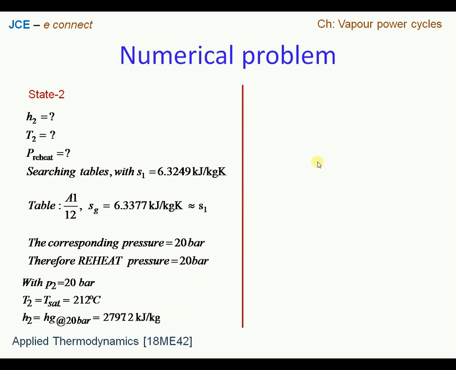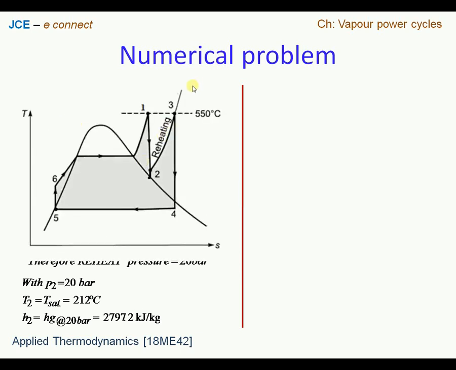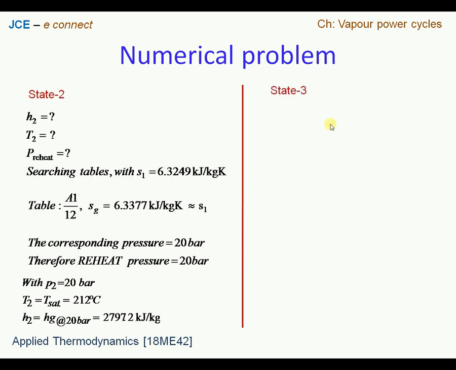With this, let us proceed with state point number 3. At state point 3, the pressure is the reheat pressure, that is 20 bar, and the corresponding temperature is 550 degrees Celsius. So at state point 3 we have the reheat pressure and the given temperature, and referring to these two, we again have to refer to the data table.